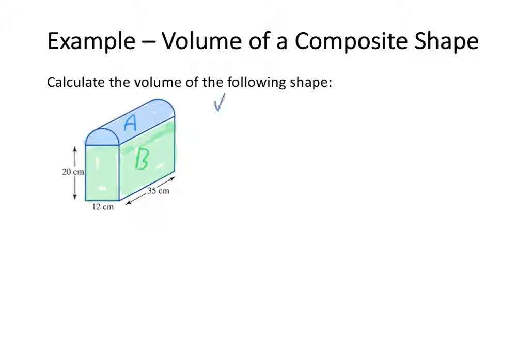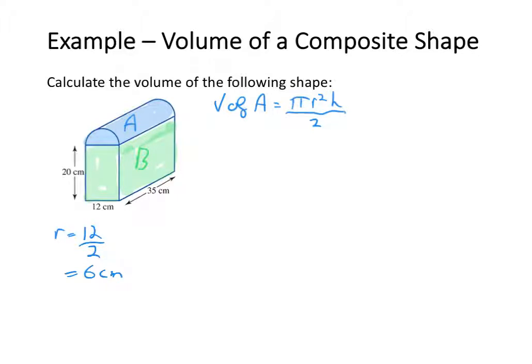So the volume of shape A is going to equal pi r squared times the height divided by 2. Now the radius of my semi-cylinder is going to be 12 divided by 2, which is equal to 6 centimeters.